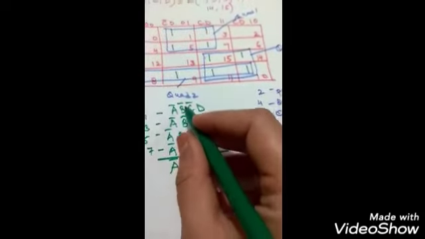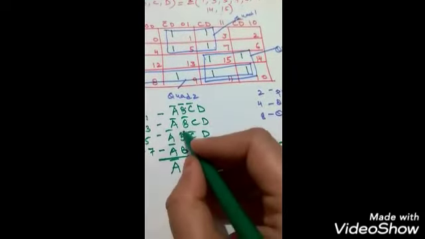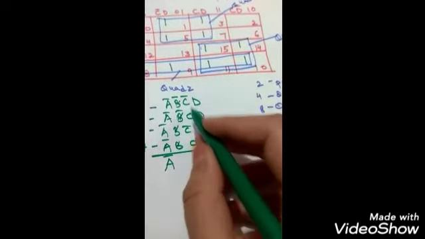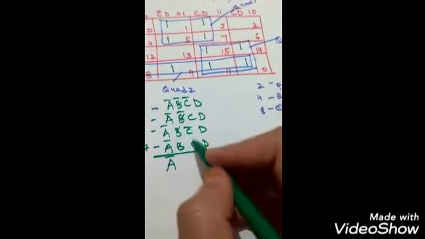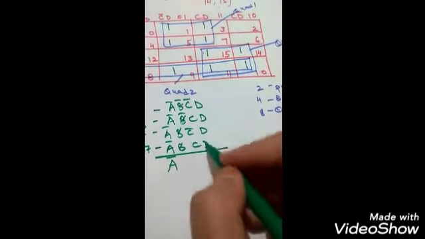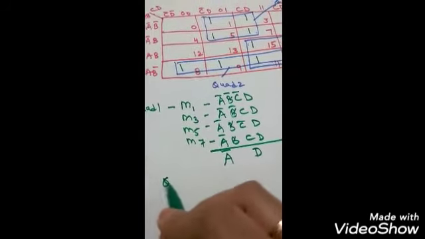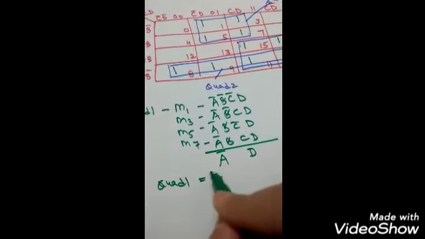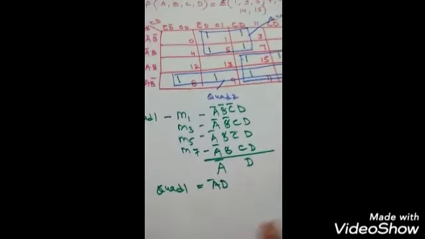Similarly, C complement and C, complemented and normal variables, cancel each other. So D is left over here. By solving this we get quad 1 as A complement D.